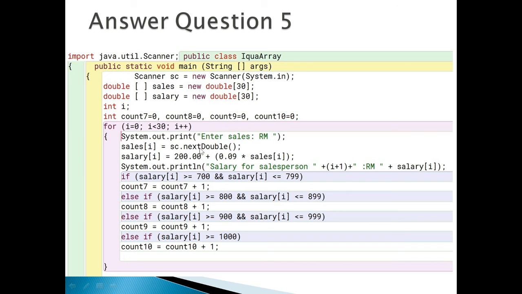This one is input from the user, this one is processed and inserted into the array salary. Then print out the salary for each salesperson, number 1, and this is just numbering, 1 equal to RM what is the salary. Then do your filtering, the selection to get the frequency for each range.